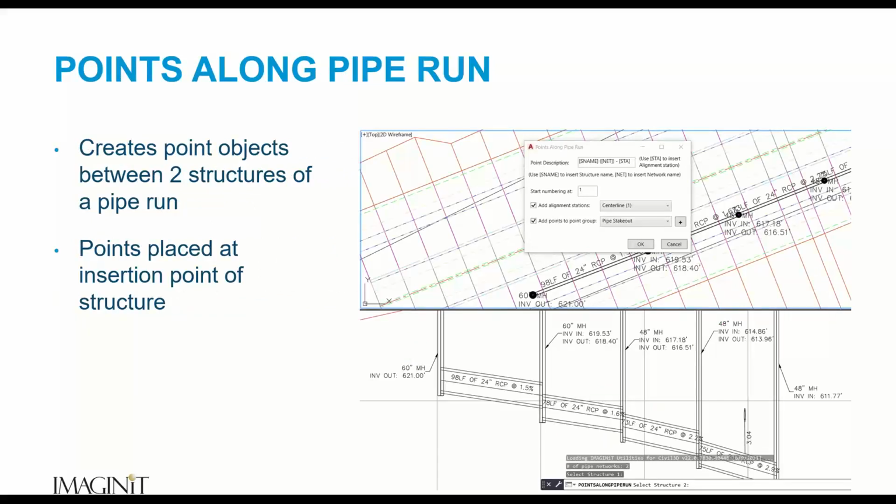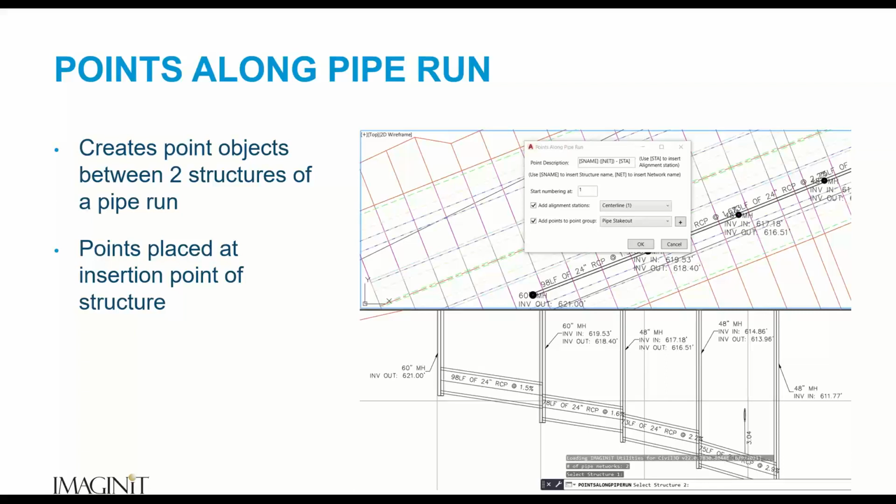The next new tool is one that we call points along pipe run. Really, anybody that's ever had to do stakeout of utilities, hopefully you'll start to get excited about this. It does what the name implies. We pick two structures. You can pick the beginning and the end of a run, but you don't have to.